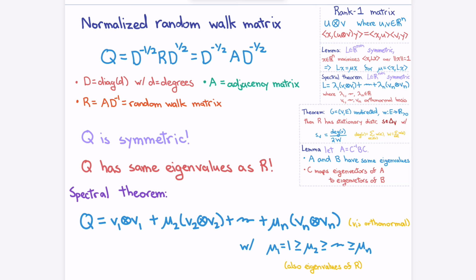Now, we know that R's biggest eigenvalue is always 1. So that's why I didn't write mu1 here, so the 1 is omitted. And meanwhile, we know mu2 through mu(n) is somewhere in the range between 1 and -1.